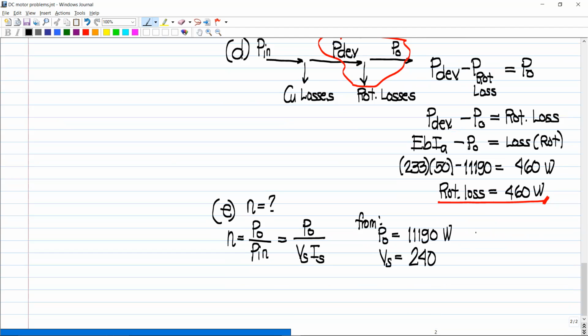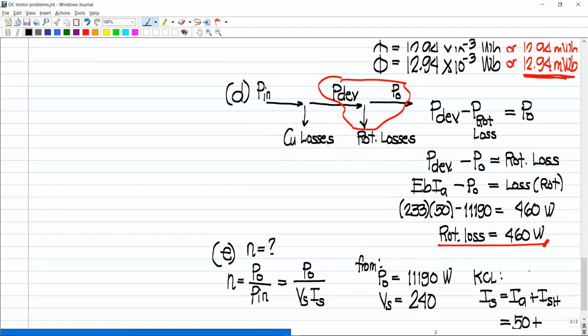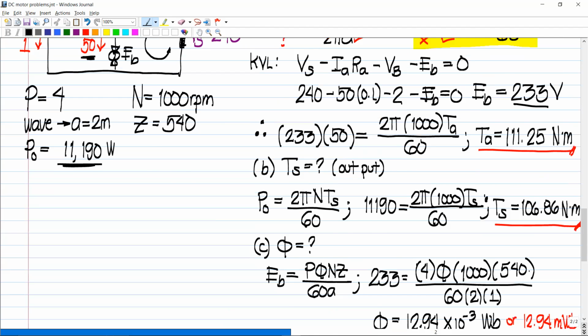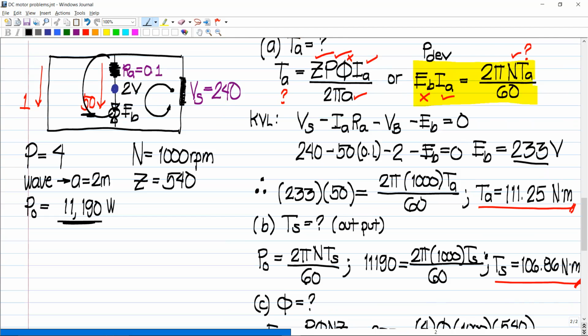And then, what is our KCL? In a shunt motor, the source current is the sum of the armature current and the field or shunt current. What was our armature current?